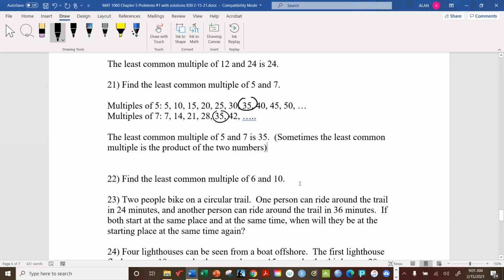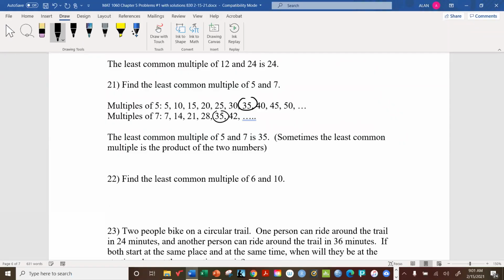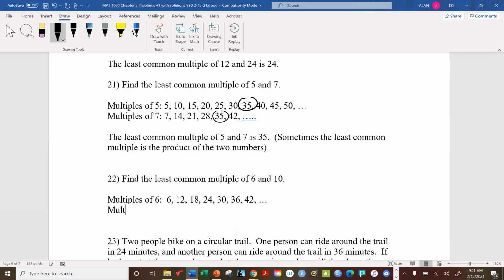Now, finally, we have one more. The least common multiple of 6 and 10. Multiples of 6: 6, 12, 18, 24, 30, 36, 42, ... For 10: 10, 20, 30. Oh, here we go. We can stop.